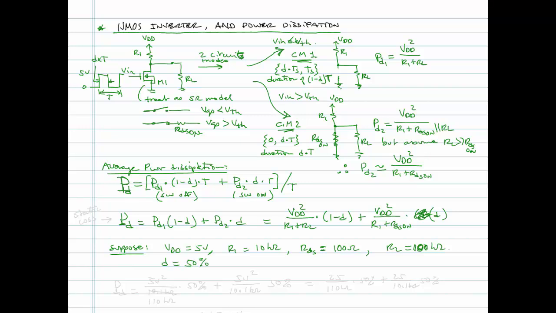Okay, so we'll have power dissipation is going to be equal to 5 volts squared over 10K R1 plus RL, times the duty cycle of 50%, because it's 1 minus 50%, plus 5 volts squared over R1 is 10K plus RDS on.